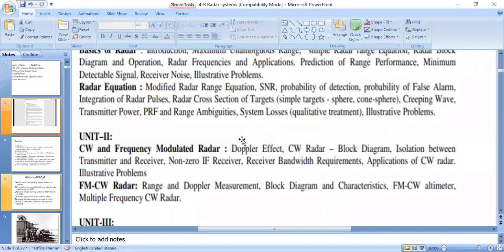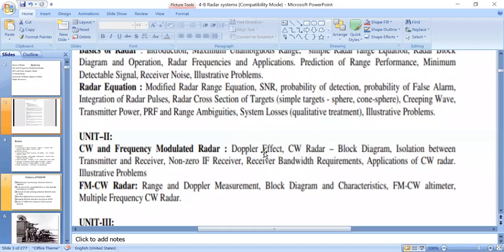In radar terminology, whenever an electromagnetic wave hits the target, the frequency of the returned signal shifts when compared with the transmitted frequency. The shift is called the Doppler shift, and the phenomenon is called the Doppler effect. The change in that frequency is used to analyze the range and to detect the moving target, right?